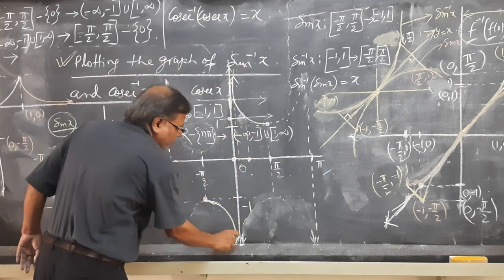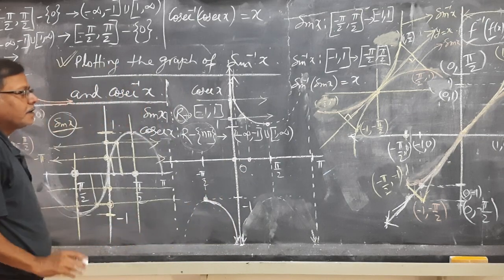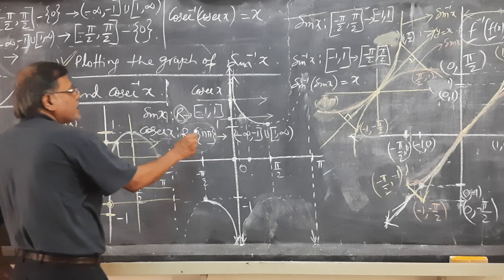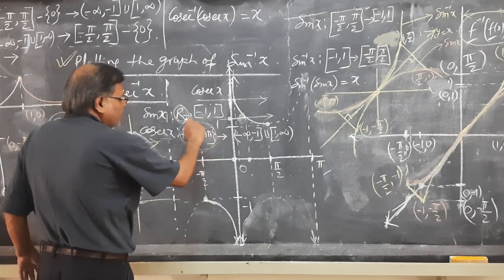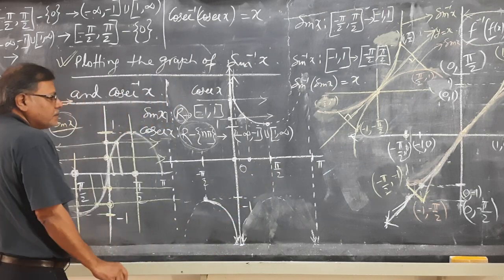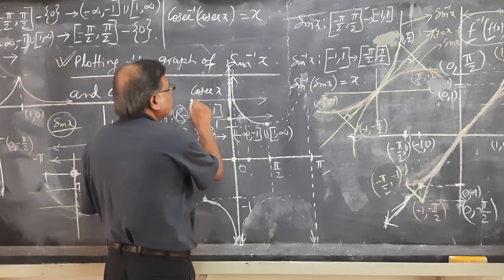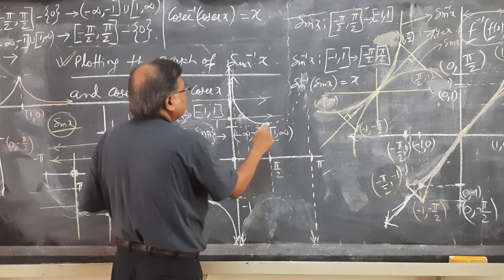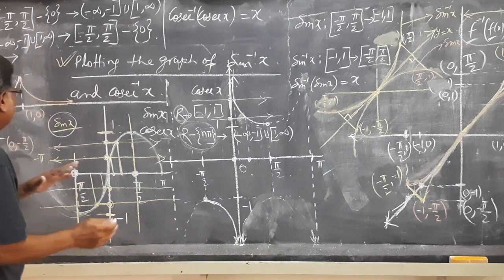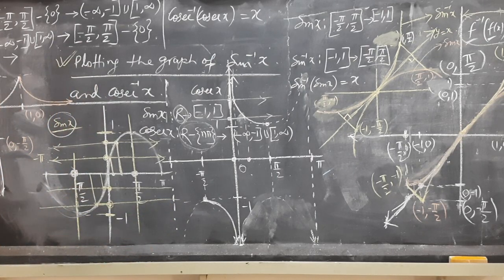Similarly, it is asymptotic about this one. So what we are doing is we are restricting this domain from minus pi by 2 to pi by 2 only. If you draw straight lines like this, then I think I have explained you this. So let us come to the plotting directly for the cosec inverse x.